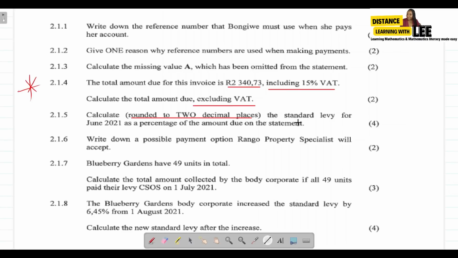Now, we want the standard levy fee for June 2021 as a percentage of the amount due on the statement. So literally, this is telling you what you need to do. We start off by looking at what is the standard levy fee for June 2021.